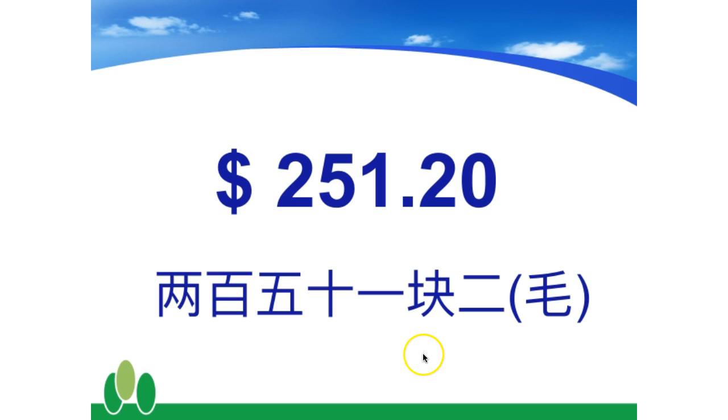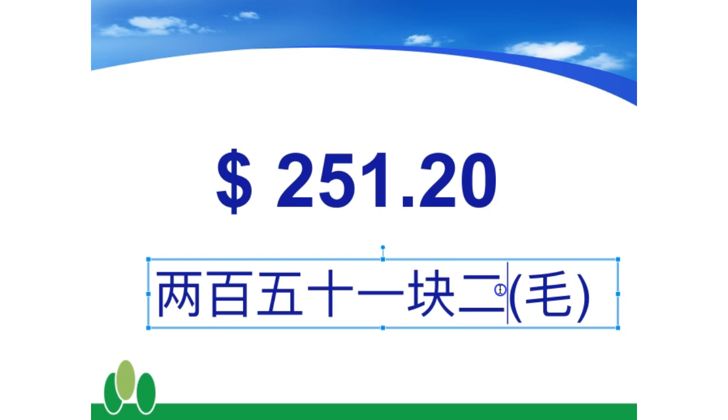$251.2. $251.02. Now, especially because the mao here is not said, right? This is actually, we omitted the mao. 251块. The 零 here remains because it's not used. There actually is no mao here.